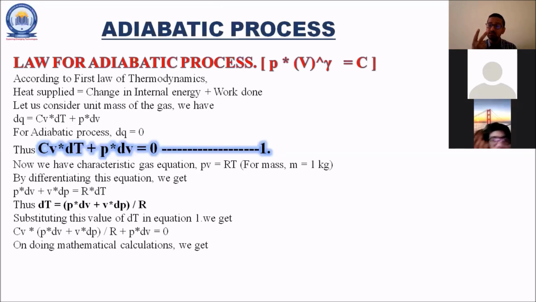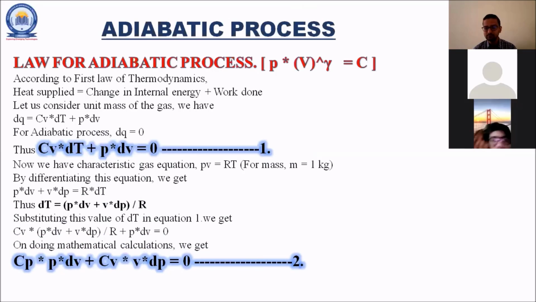So both these terms will be cancelled out, and only 2 terms will be remaining, and those 2 terms will be like this, that is Cp P into dV plus Cv V into dP is equal to 0. That is equation number 2. So I hope you are getting this answer of equation number 2.